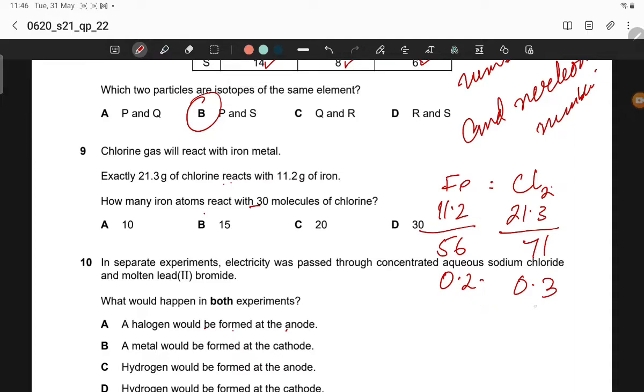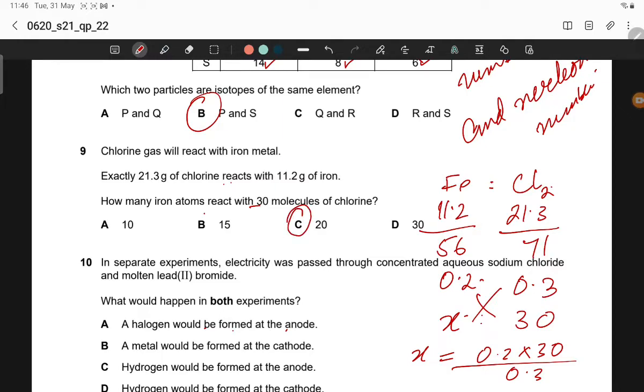If 0.2 moles of iron react with 0.3 moles of chlorine, then if 30 molecules react with X, cross multiplying, X is equal to 0.2 multiplied by 30 divided by 0.3, which is equal to 20. So 20 must be the correct answer.